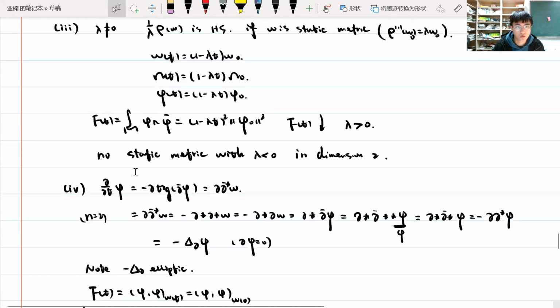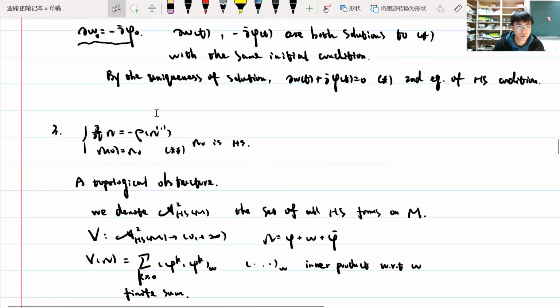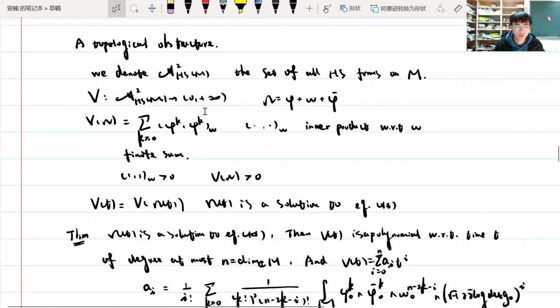Sorry, maybe I lost the coefficients. Yeah, sorry, here there is a coefficient like this.